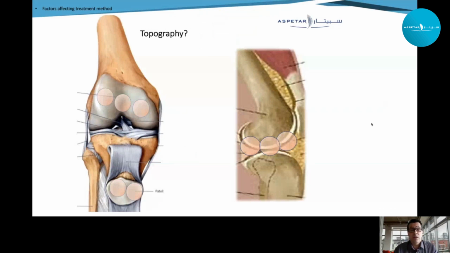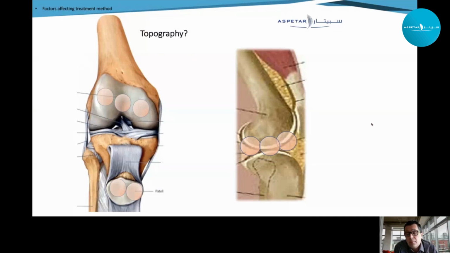Together with the topography, you can understand that a medial trochlear cartilage lesion is totally different compared to a lateral one, where the patella is getting a lot of stress and loading in the lateral part, especially in valgus knees.